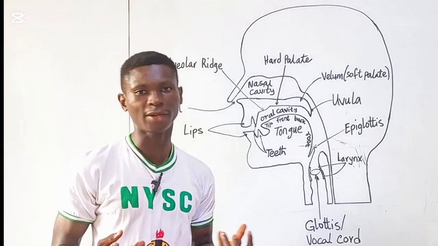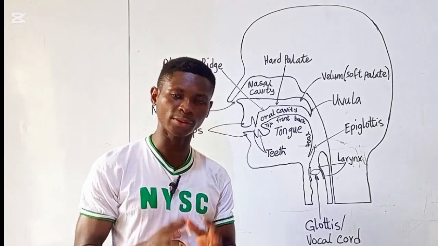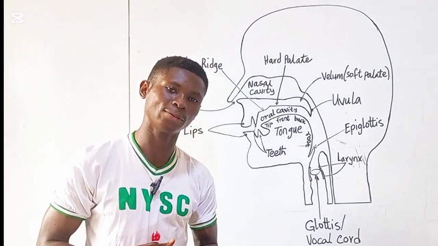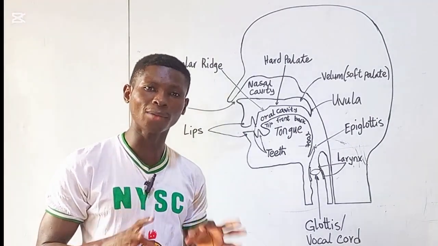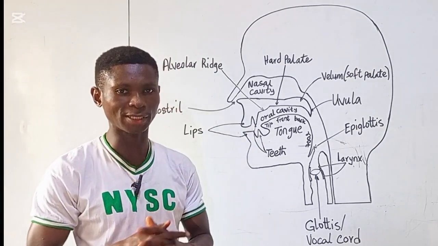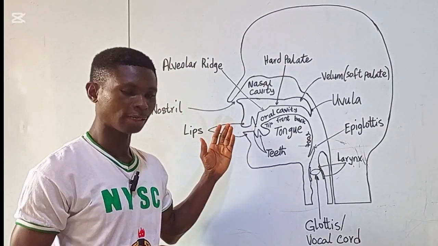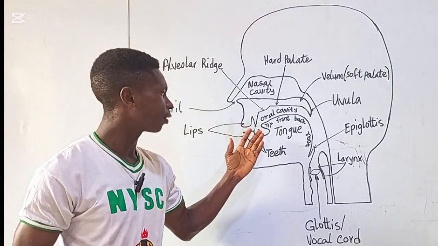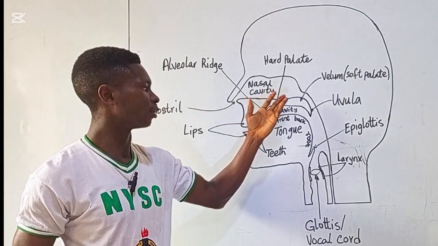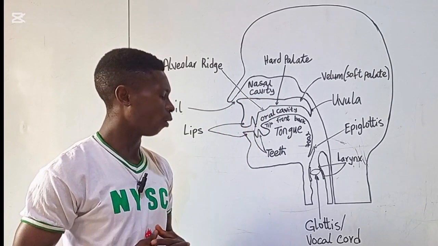During the passage of air from the glottis through the mouth, there are certain obstructions when it comes to consonant sounds. And these obstructions are often done by the organs of speech, ranging from the lips to the teeth to the alveolar ridge to the hard palate to the soft palate and others.